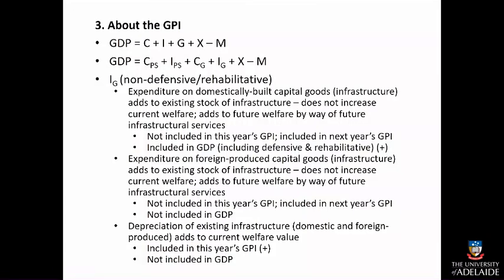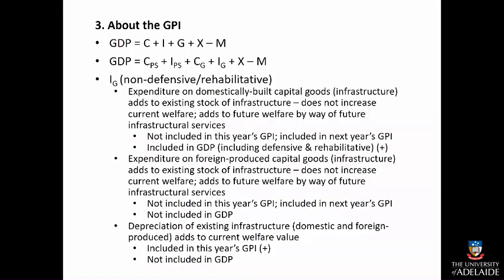But any investment spending by government on infrastructure in the present is not included in the GPI because it's just adding to the stock of infrastructure. Now, of course, that will be included in this year's GDP because it's being produced today and it's domestically built.